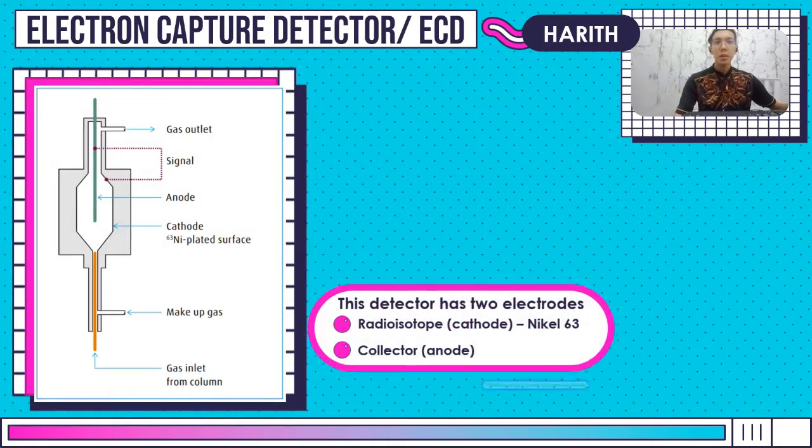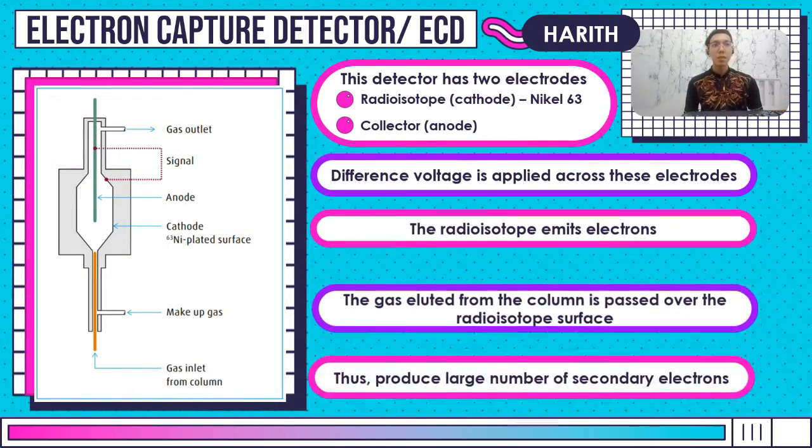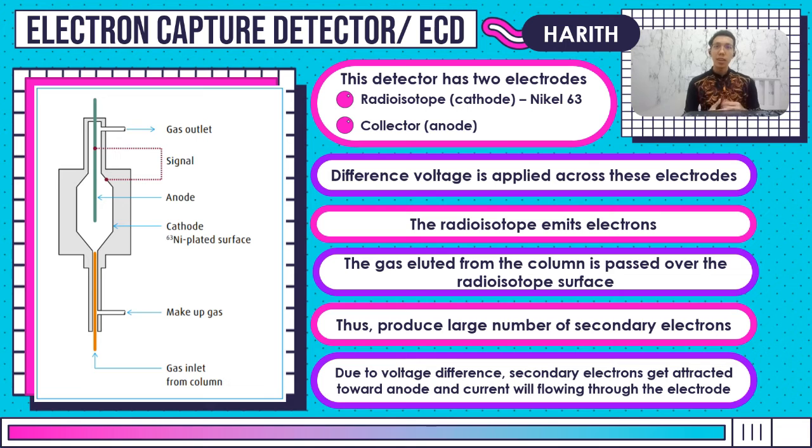My name is Khairiatul and now I will explain about the electron capture detector, in short ECD. This detector has two electrodes. The first one is coated with a radioisotope, nickel-63, and acts as the cathode, while the other one is the collector and acts as the anode. A voltage difference is applied across the two electrodes, and the radioisotope will emit electrons.